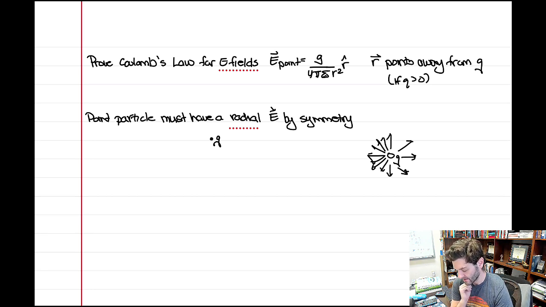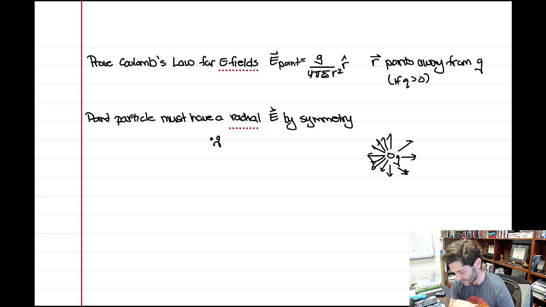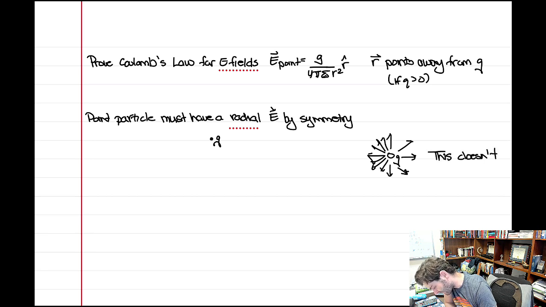Now, if you close your eyes and then open them again, you would see the exact same point charge in the center. So you would say there needs to be more electric field lines on the left and less on the right. But then if the electric field did look like this and I rotated the charge, the electric field should then rotate with it. So this does not have symmetry, or this doesn't have spherical symmetry.